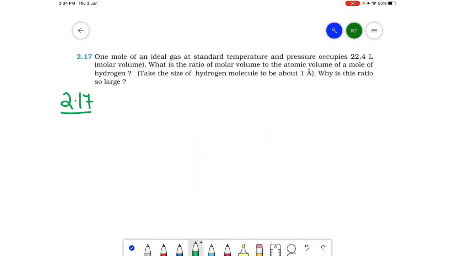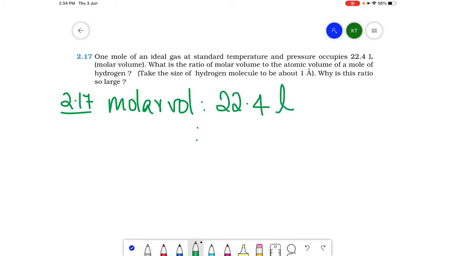2.17. 1 mole of an ideal gas at standard temperature and pressure occupies 22.4 liters. This is the molar volume. So the molar volume is given as 22.4 liters. In terms of meter cube, this would be 22.4 into 10 power minus 3 meter cube.